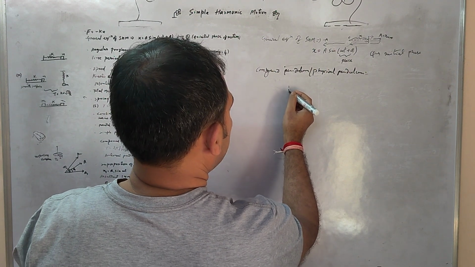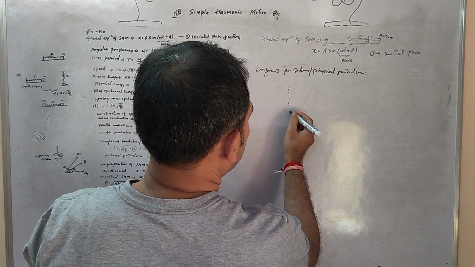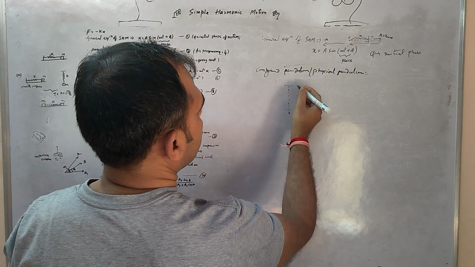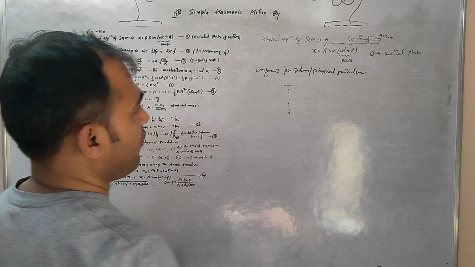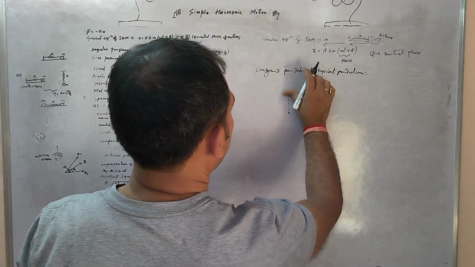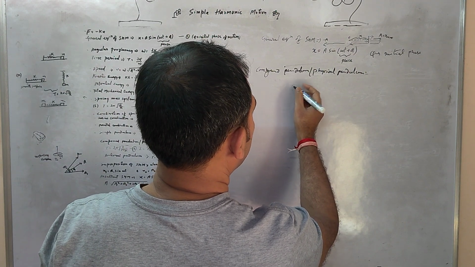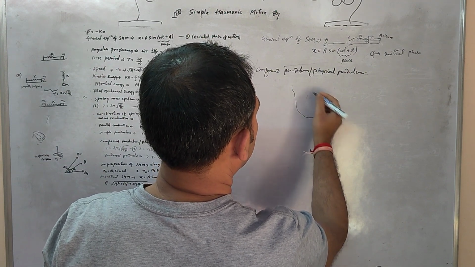Till now we have seen the simple pendulum, that was a small particle connected with a string. But now we are going to discuss a compound pendulum or physical pendulum. Let this be any rigid body.